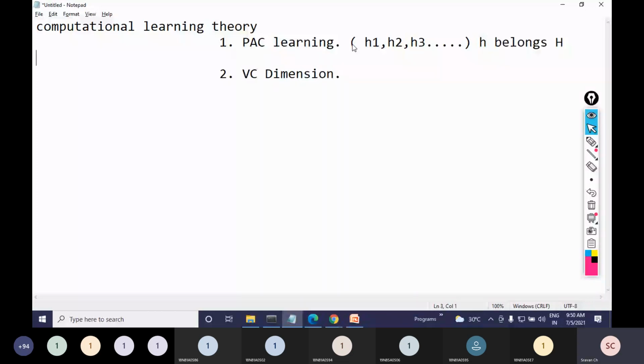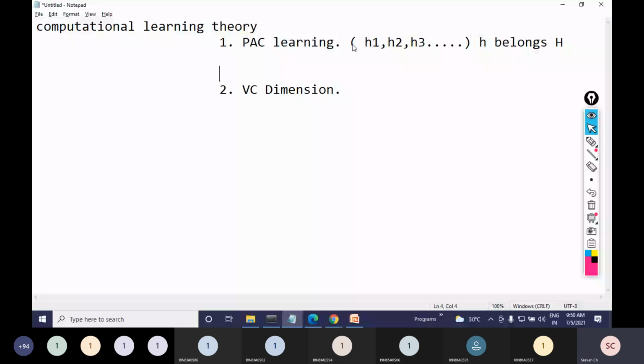So what we need is, among h1, h2, h3, h4, which hypothesis offers me better accuracy, I would like to find. So that's the reason we use PAC learning, to identify or select the most accurate hypothesis, right?